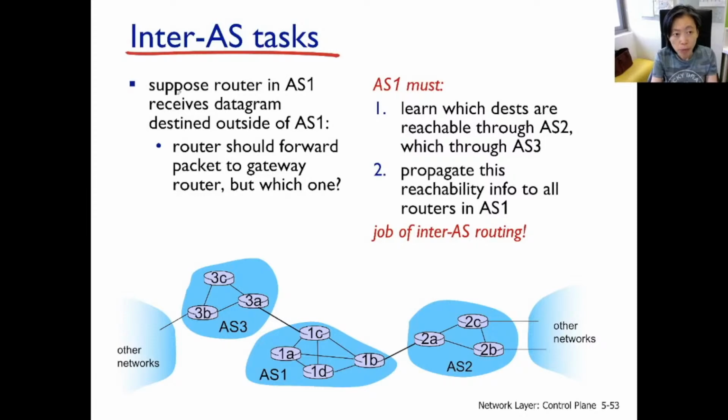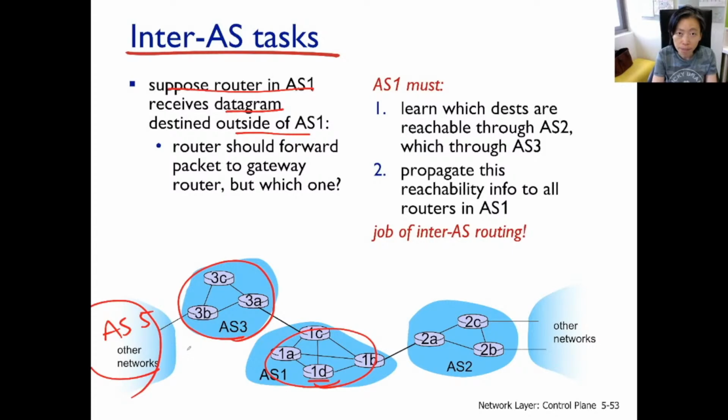With that said, we may now walk through the scenario here. Let's suppose a router in AS1, say 1D, has packets to go outside of the AS. Let's say to AS5 here. Now we see the shortest AS path will be AS1, AS3, and then AS5.